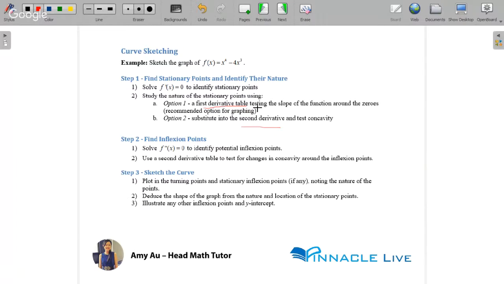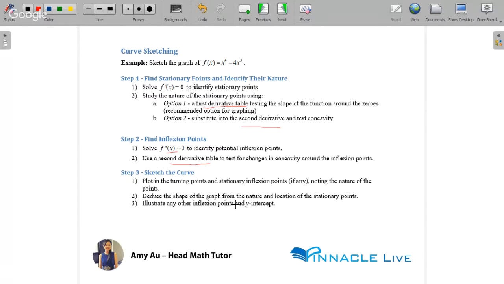But if you're very comfortable with graphing and don't have any issues visualizing the graph, the second method is just as good. It actually saves you a ton in terms of testing values. For inflection points, you look at the second derivative, solve it to 0 first, and then it's just a table of values, so a second derivative table.